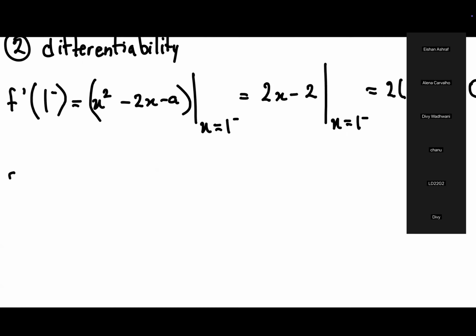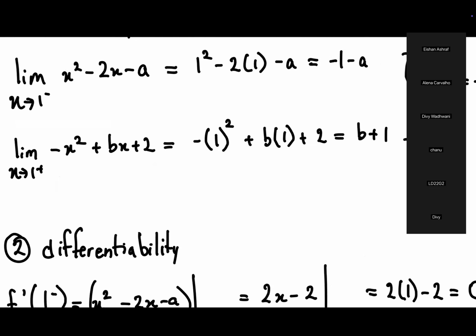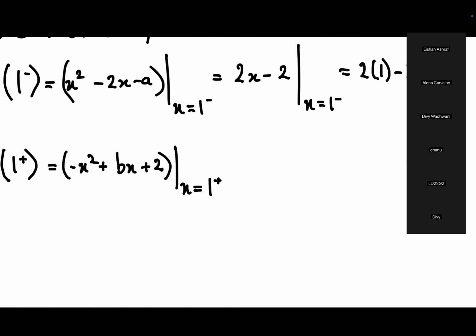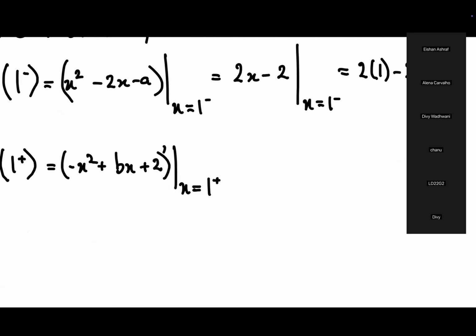Now, let's look at the right-hand side derivative. We know that it's negative x squared plus bx plus 2, I believe. We're going to evaluate this at 1 positive, so we have to take the derivative.